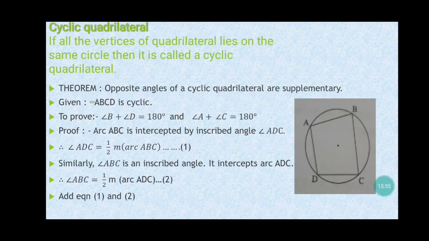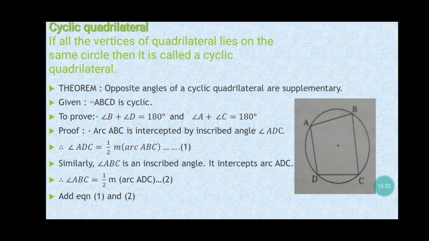Next, we come to the cyclic quadrilateral. Now, what is a cyclic quadrilateral? Quadrilateral, we all know, is a figure with four sides, right? With four vertices. Now, if all four vertices of a quadrilateral lie on the same circle, then the quadrilateral is known as a cyclic quadrilateral.